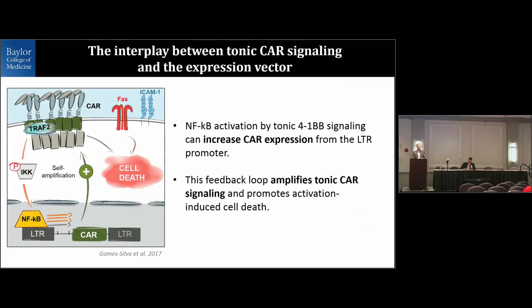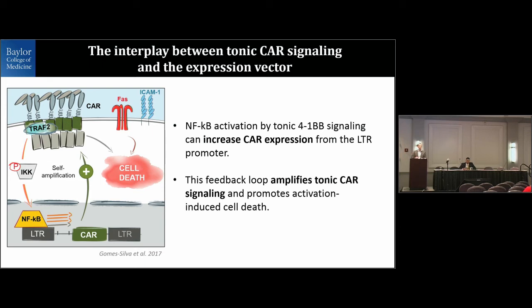What we observed ultimately is this very interesting interplay between the tonic signaling and the expression vector that is driving the CAR expression. In this particular case, continuous signaling from the 4-1BB activates NF-kB, which is a great pathway to have. It really promotes survival of T cells. But in this particular case, it also activates expression of the CAR by activating the LTR promoter, and this amplifies production of the CAR and amplifies the tonic signaling from the CAR as a whole.